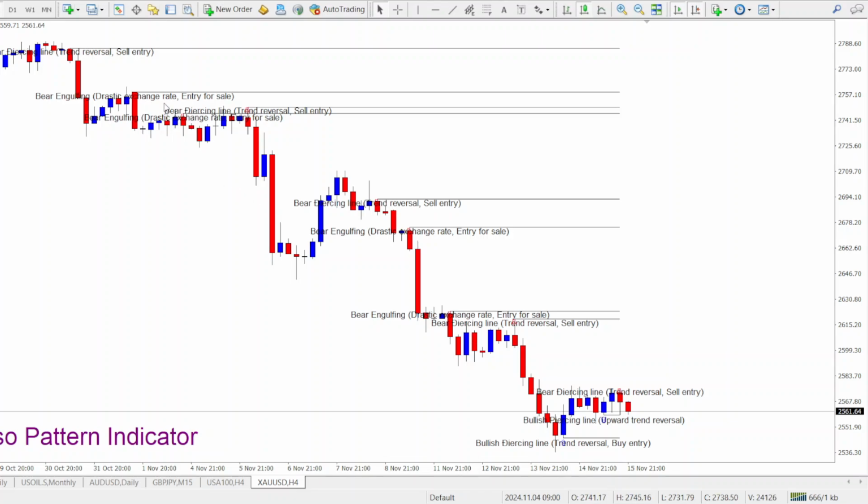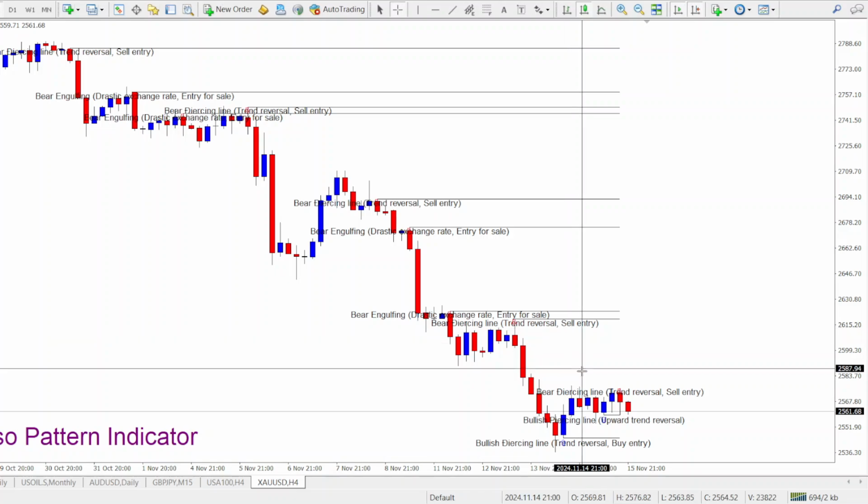So let us check for when we had a bullish signal from the indicator. We had a bullish signal here. All these were bearish signals, and this was where we had a bullish signal. So this would have been where we exit our sell trade.